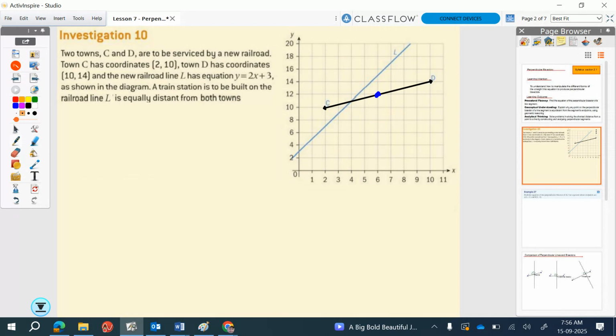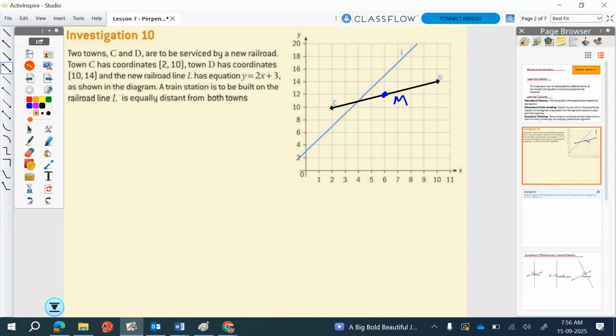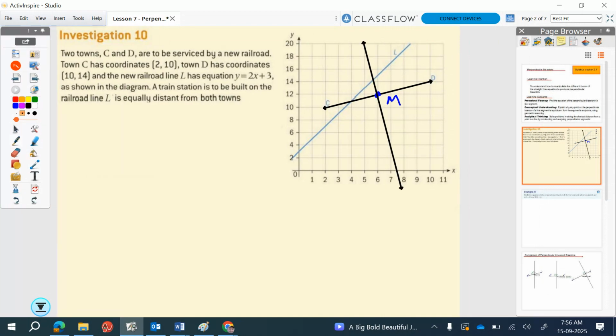So what we do is we take this point, which is the midpoint, and we find a line that goes through this now, like this, which is at right angles to that. We find a right-angled line here. So then we find, where does this line cross?